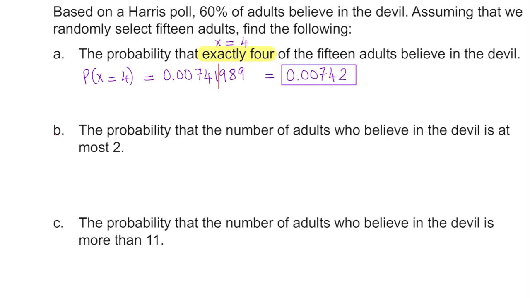Question B. Find the probability that the number of adults who believe in the devil is at most 2. At most 2 means x is less than or equal to 2. I'm looking for the probability x is less than or equal to 2. I am going to use StatCrunch for this.